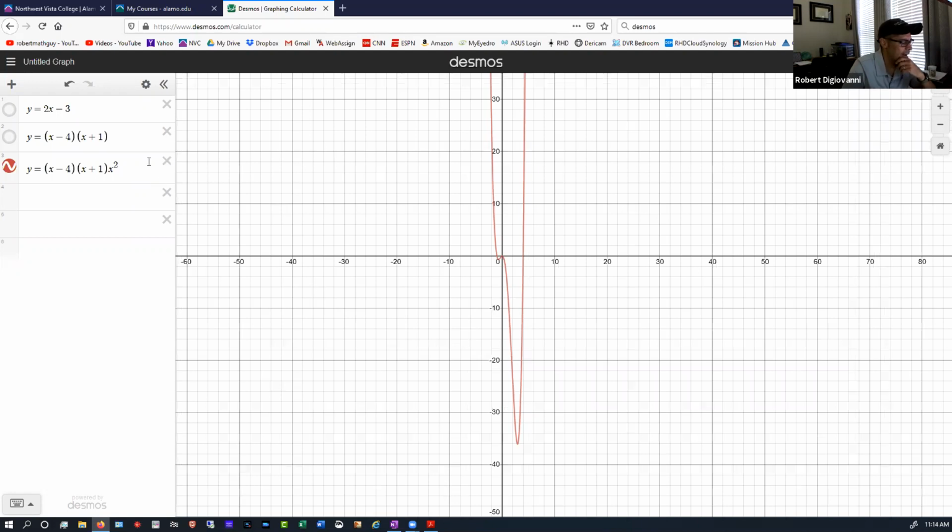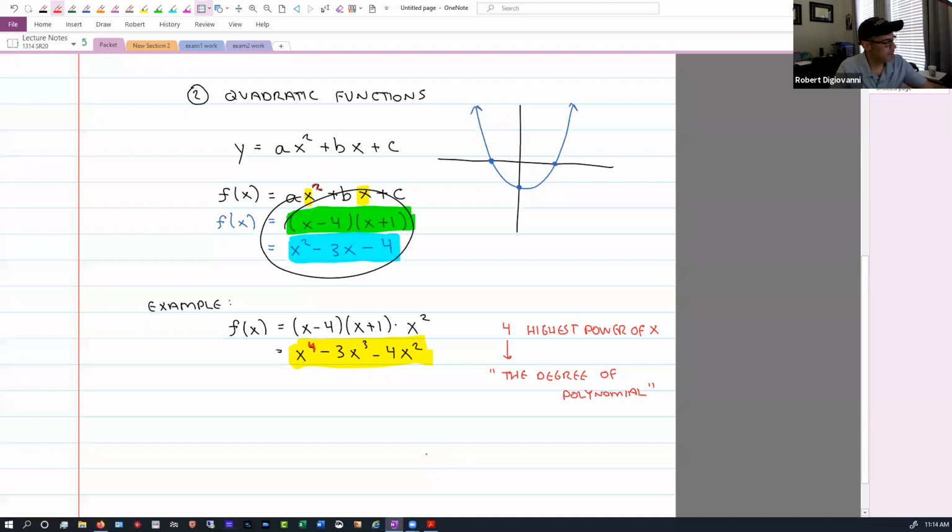Let's see what would happen if instead of doing that x squared at the end, I just did x. So what if instead of that x squared I tacked on, let's do a different example where I take that original parabola and I just tack an x here instead.